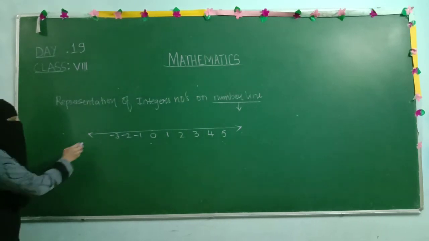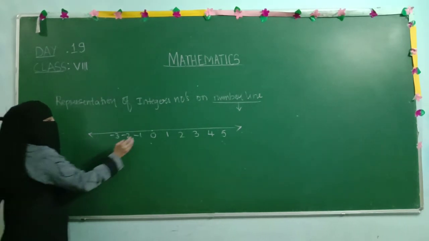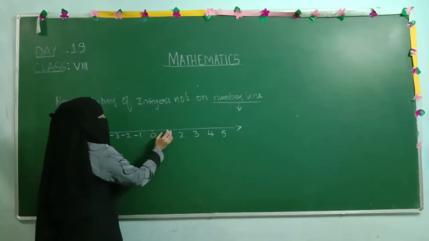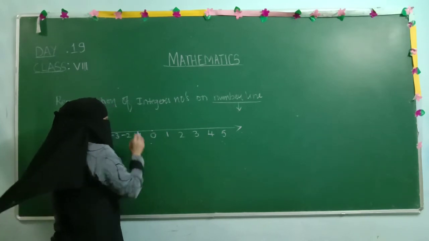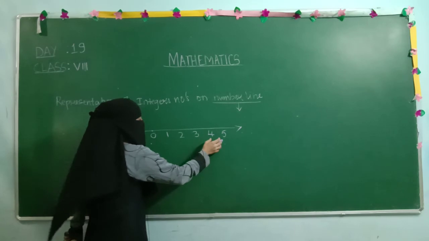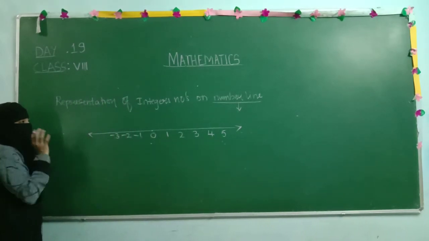So, the smallest positive number is 1, and the largest negative number is -1. Largest positive number is not defined and smallest negative number is not defined.